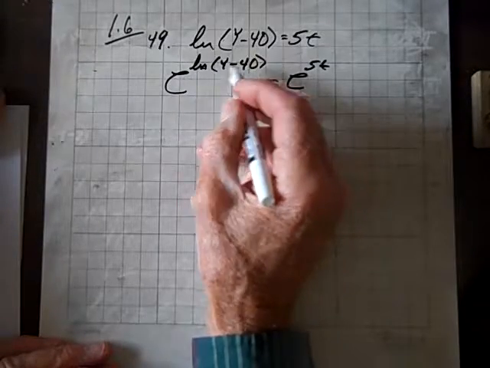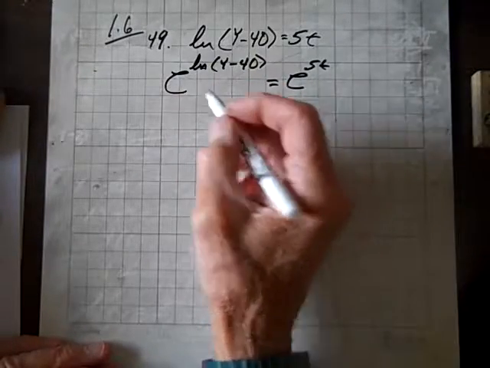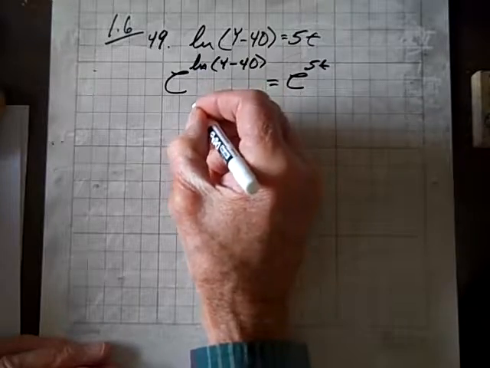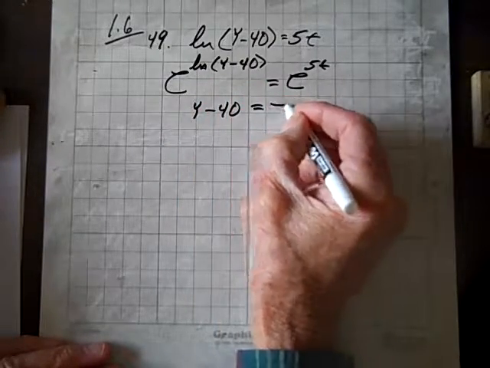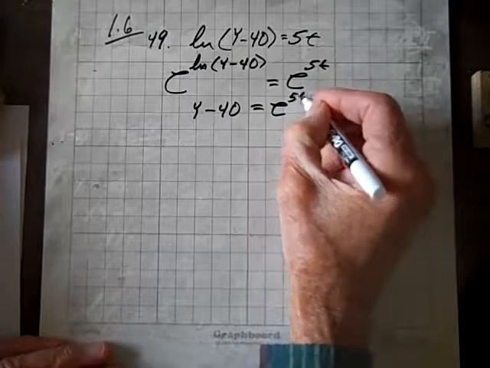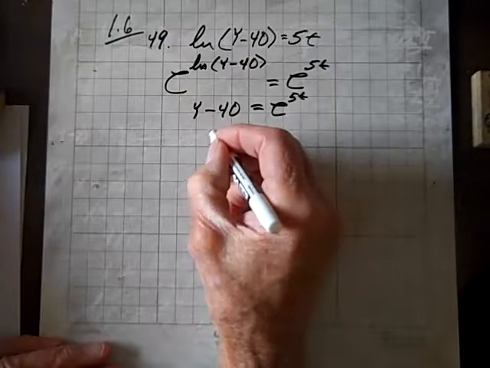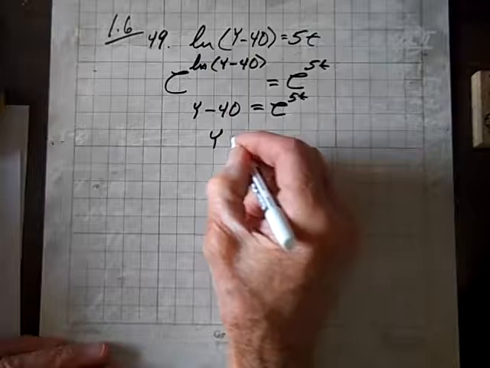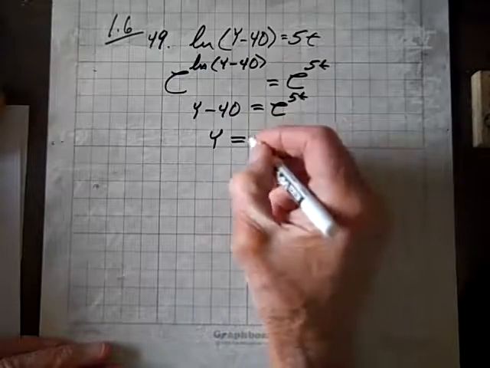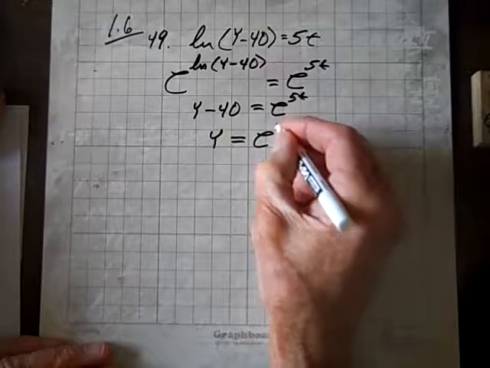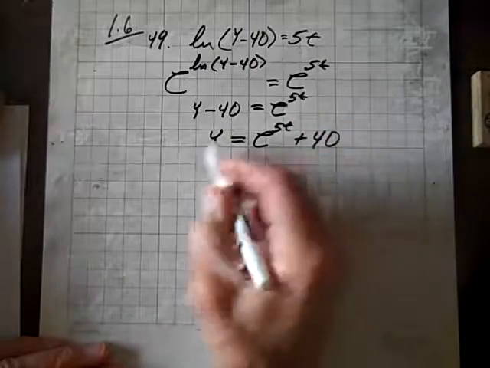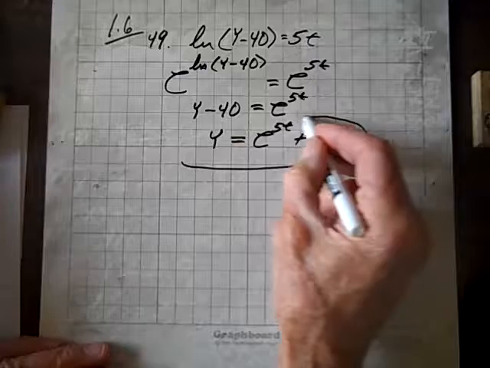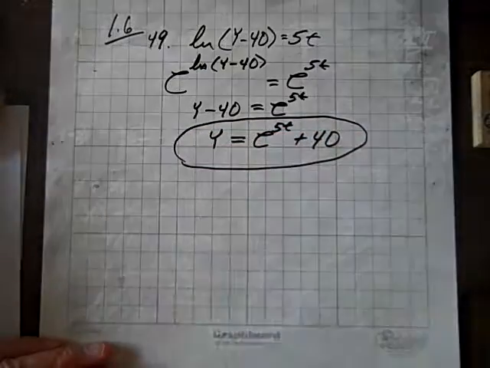And this is a composite function of a function and its inverse, so we get back y minus 40 equals e to the 5t. So isolating y, which is our task, is going to equal e to the 5t plus 40. We had to isolate y, and we just did it. We're done.